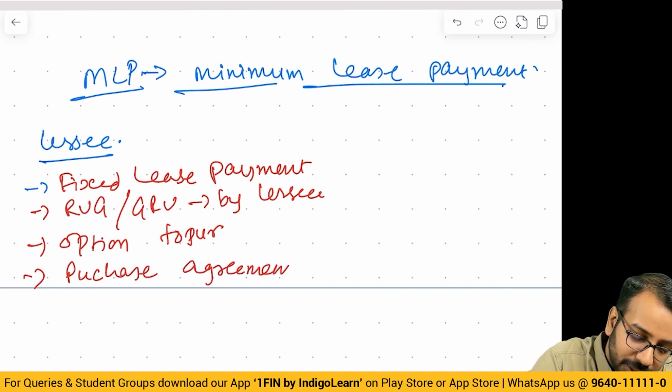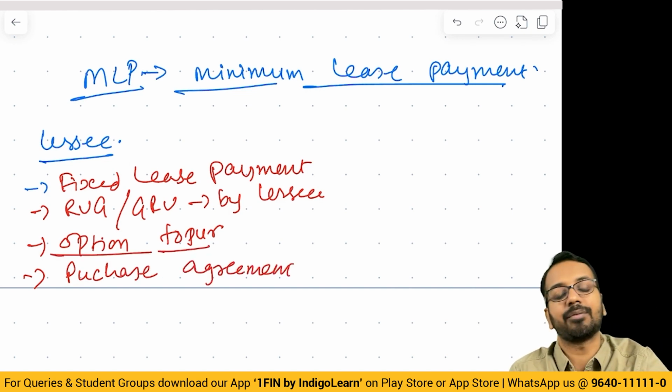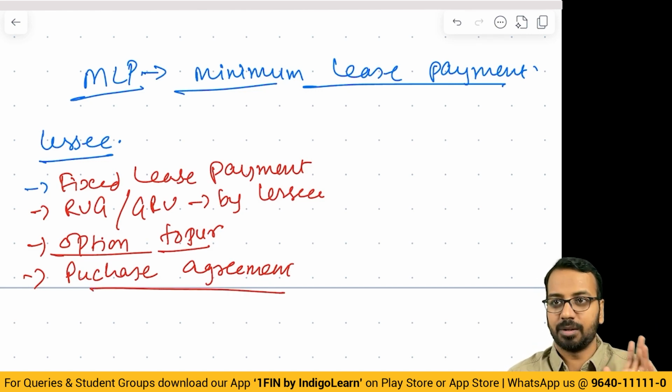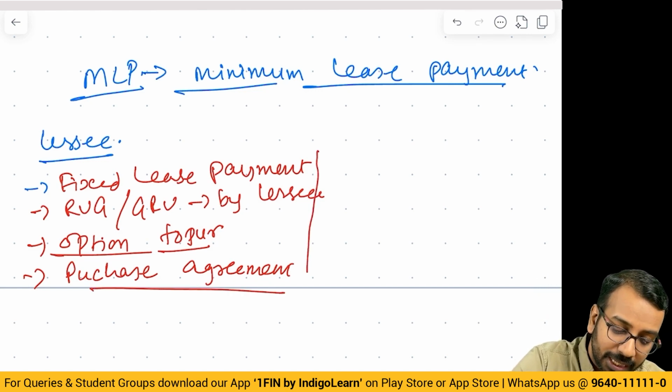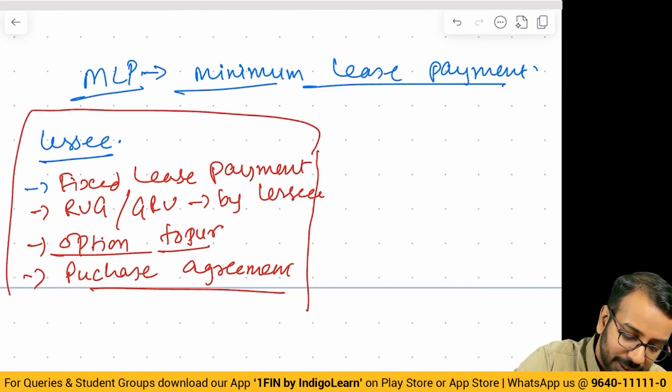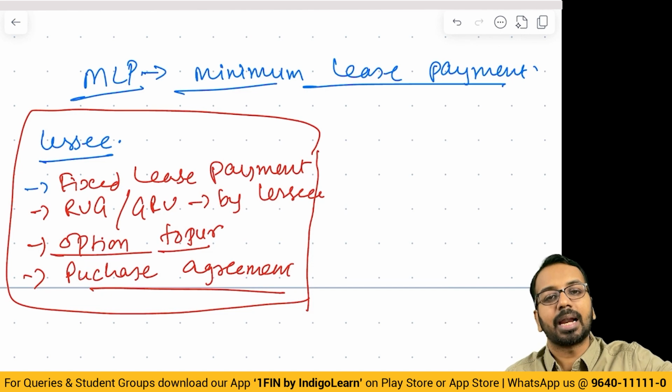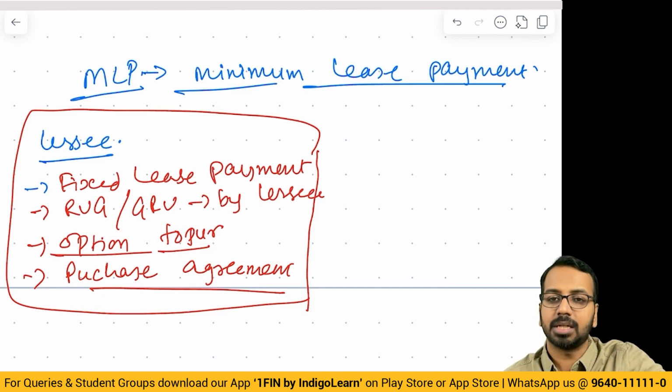The difference between these two is, when I say option to purchase, I have a choice. But if I have an agreement to purchase, I don't have a choice. Very simple. So these all are included in the lease payments. There could be other aspects also to be included; as and when we handle the questions, we'll see it. But if you remember this, it is enough.